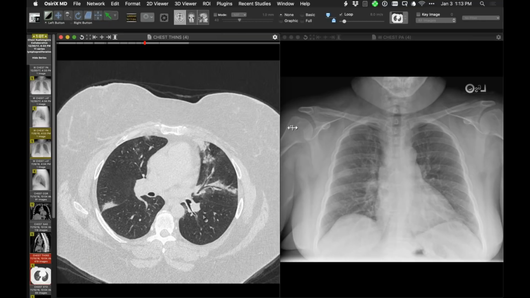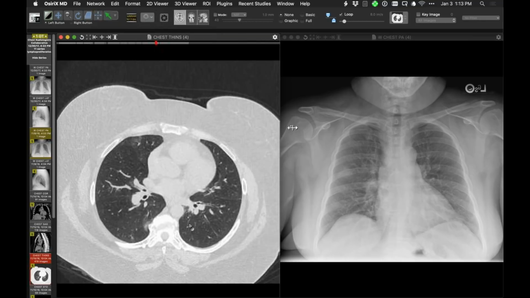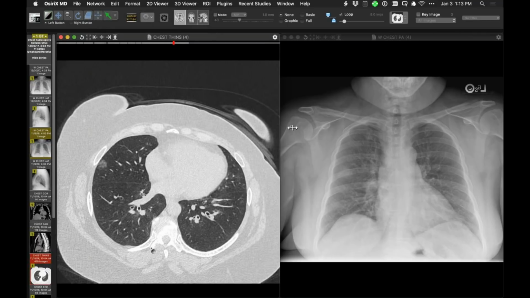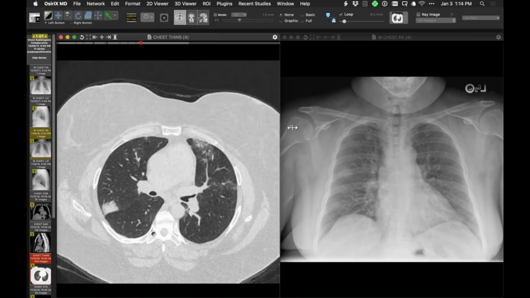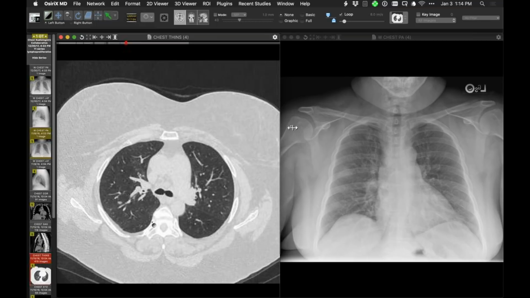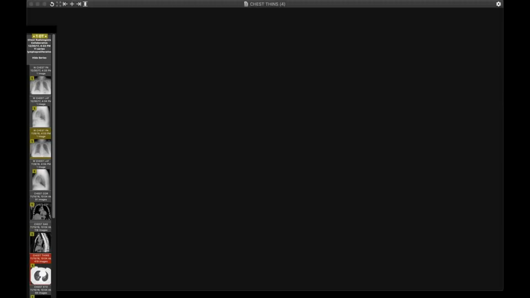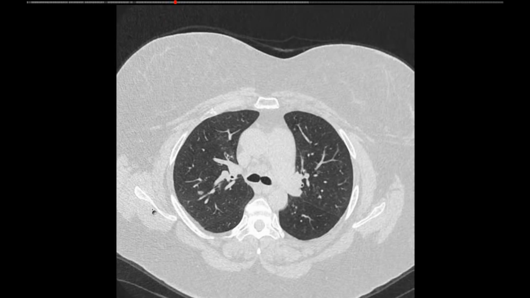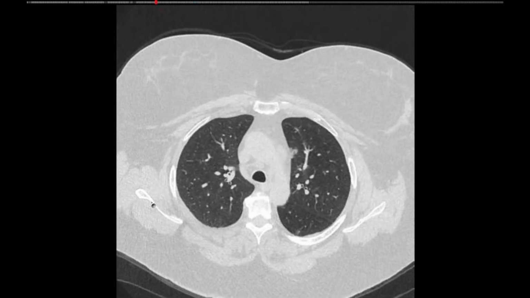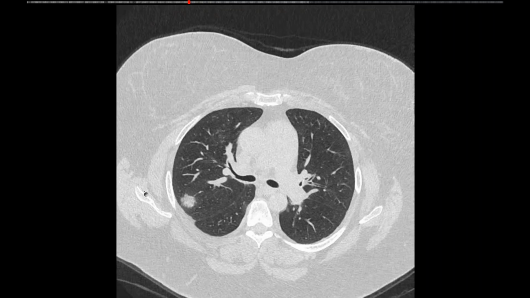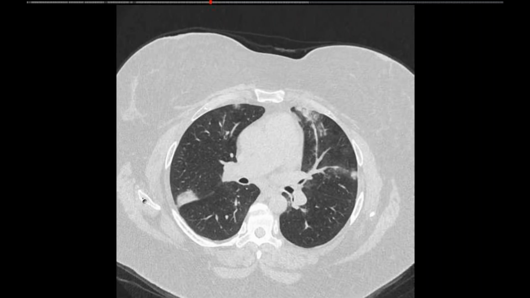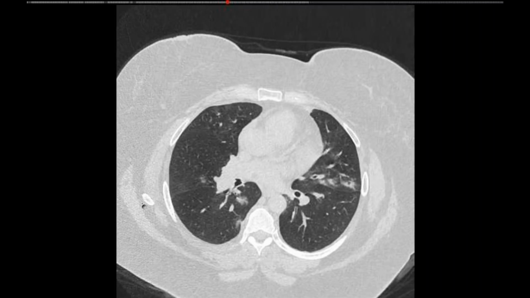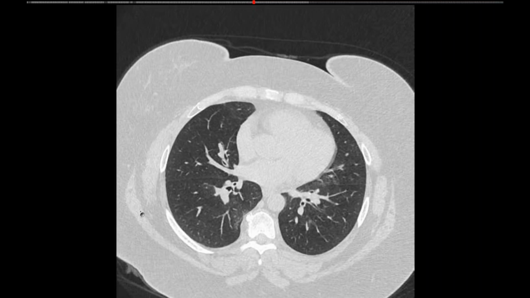The margins between the opacities and adjacent lung are ill-defined. There is a small nodule. And let's see whether we can determine whether there are locations in which patent bronchi are present. Don't think so. So a slowly progressive but multifocal, multilobar process has developed over time.